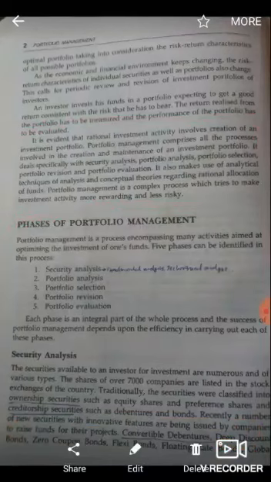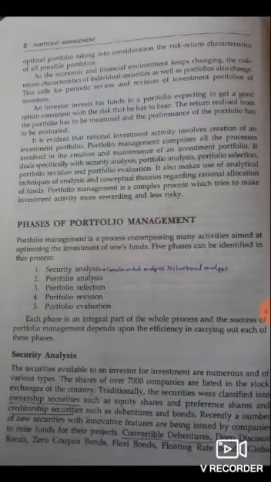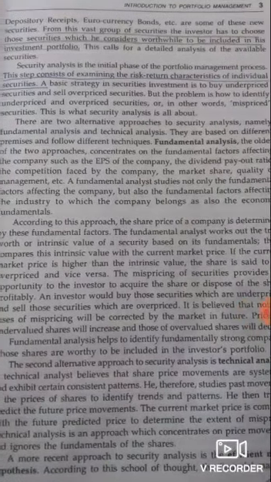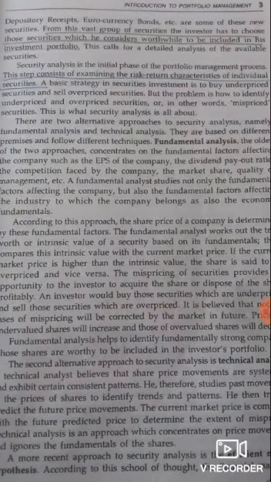There are 5 steps. Among them, the first step is security analysis, which you have learned in the previous module. Security analysis is the initial phase of the portfolio management process. This step consists of examining the risk-return characteristics of individual securities.